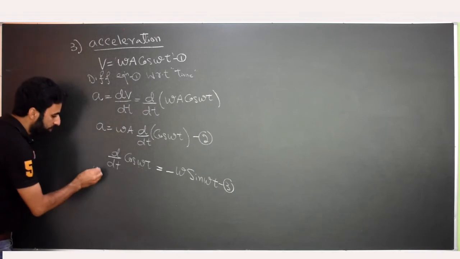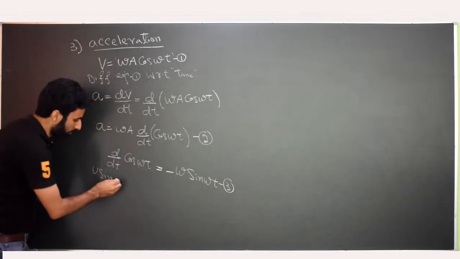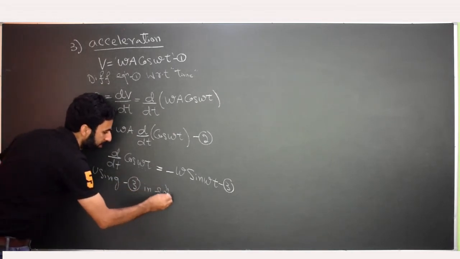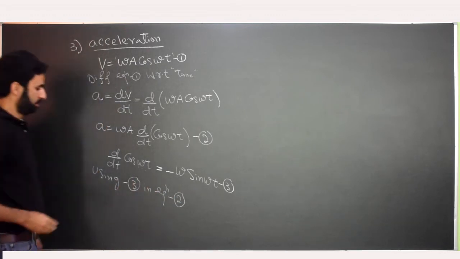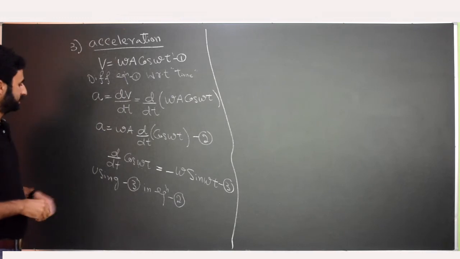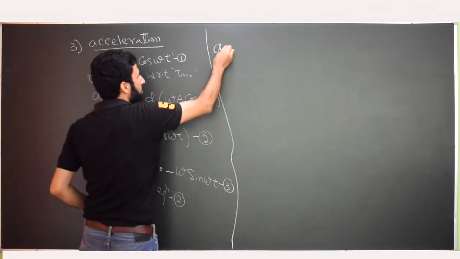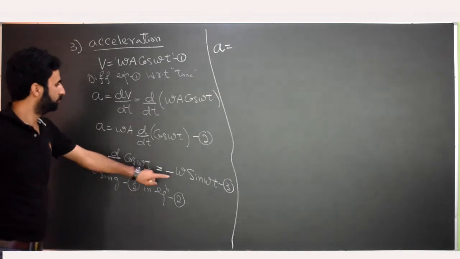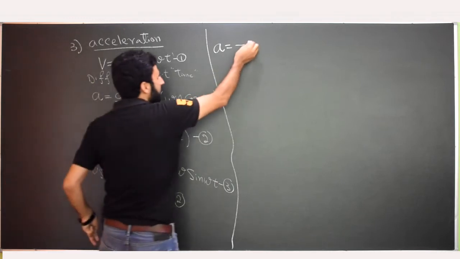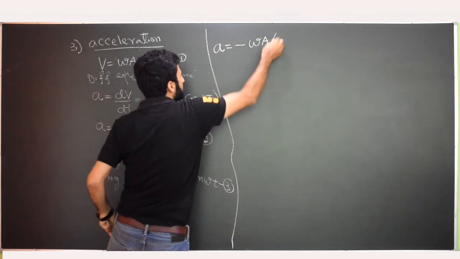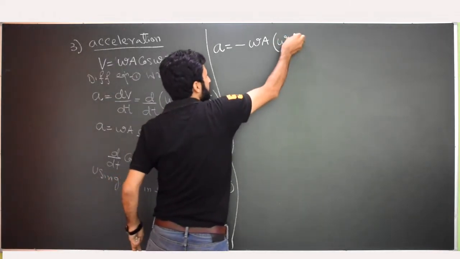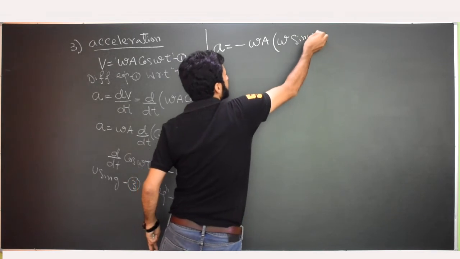Using equation 3 in equation 2, we have a is equal to a minus sign, times omega A, times omega sine of omega t.